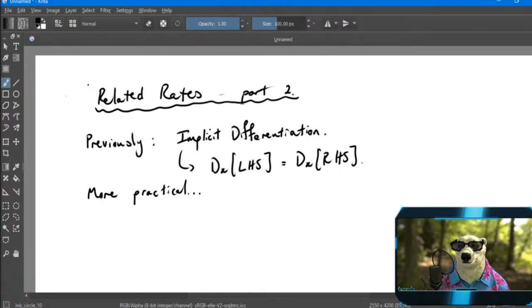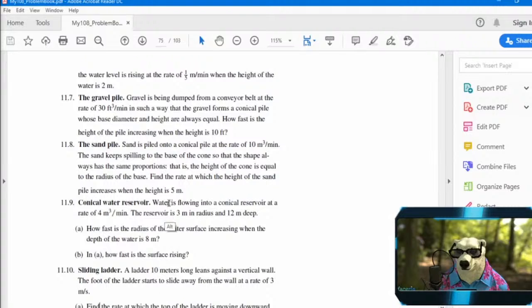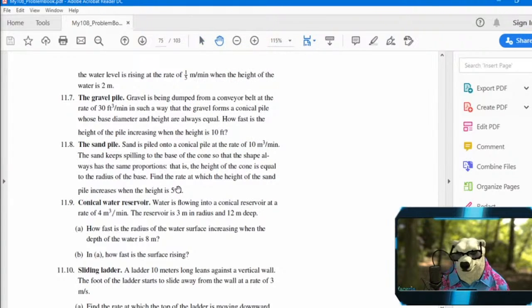So something a little bit more practical. We can look at our problem book and we have some questions here that we can do.